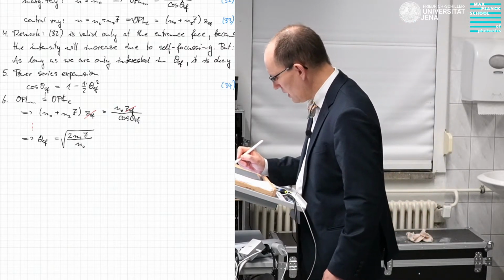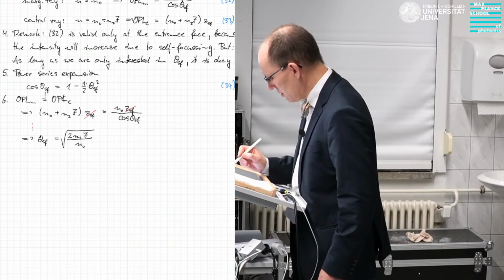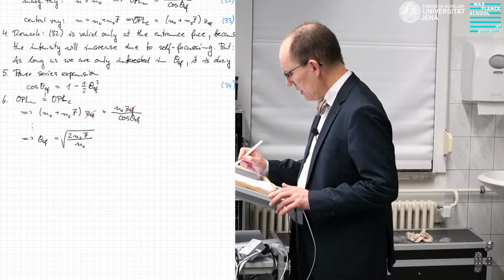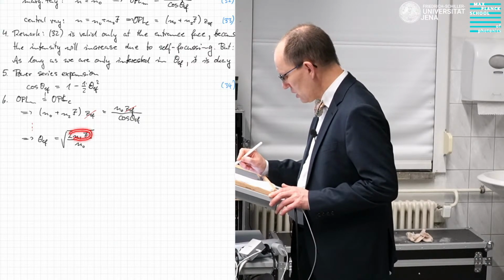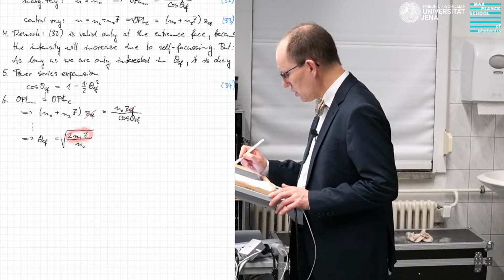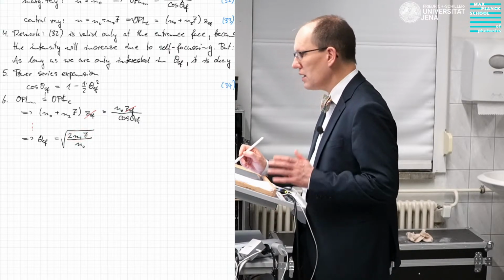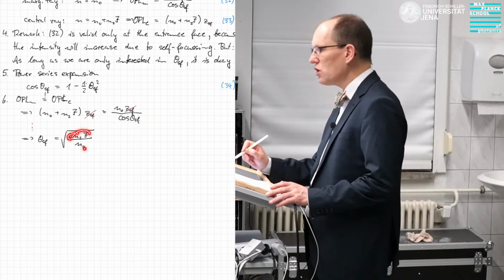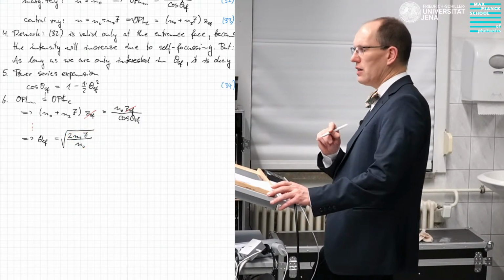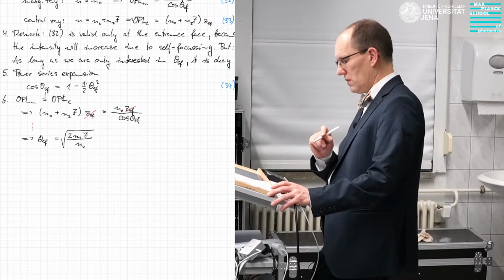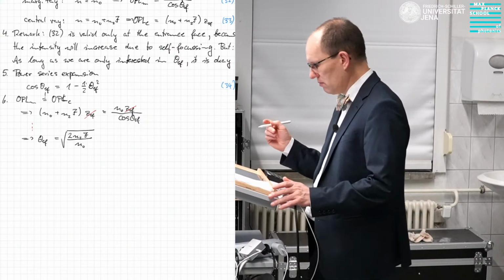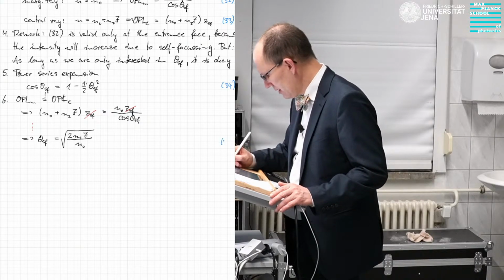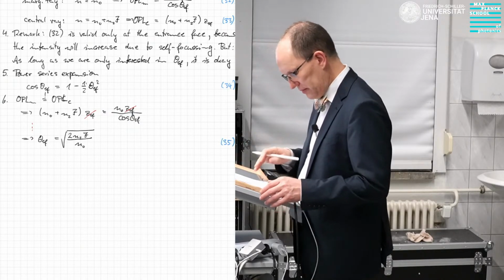Here you see twice the relative change of the refractive index, and the square root of that. This is equation 35.